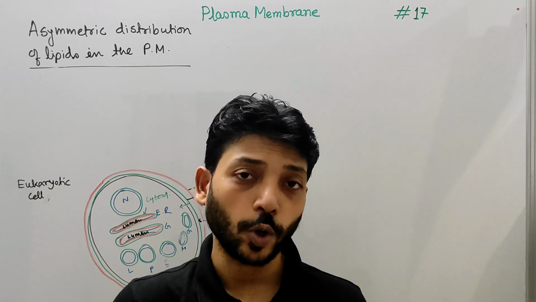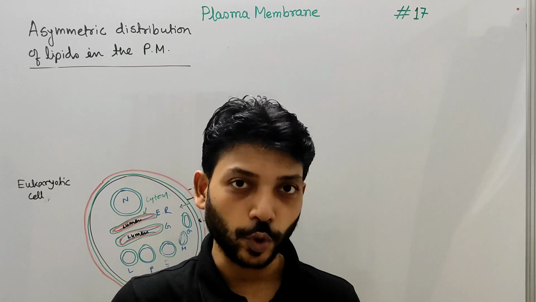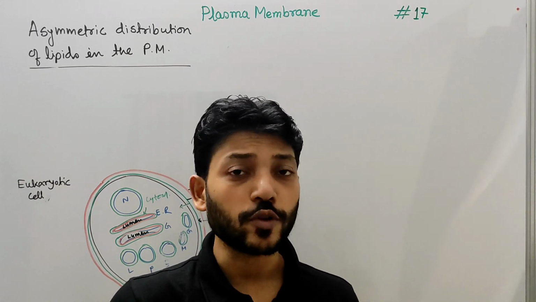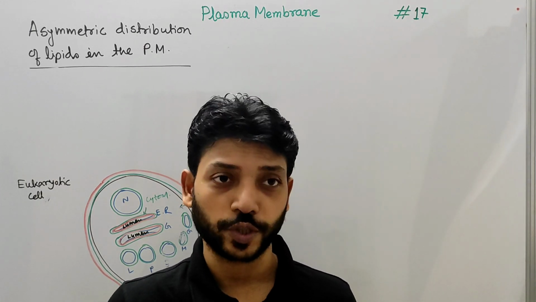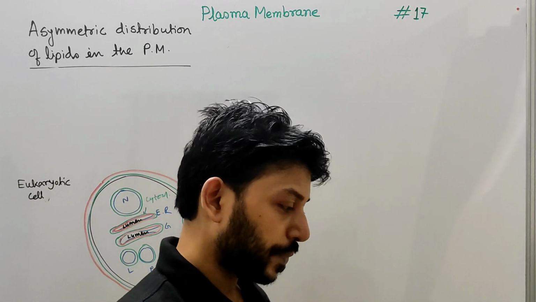It has been found that although most phospholipids are present in both lipid layers, some are more abundant in one particular layer. That's why it's called asymmetric distribution. They are not distributed symmetrically. Now let me give an example.